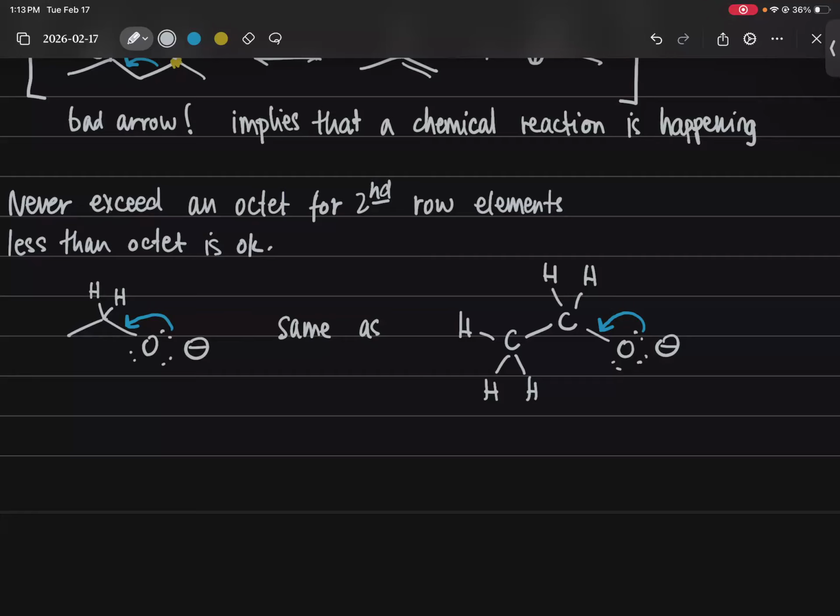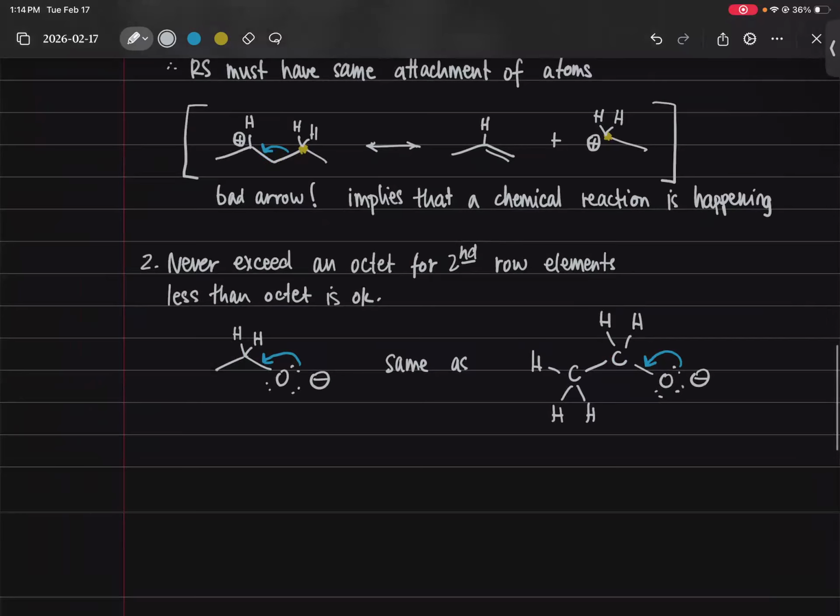So by trying to move more electrons from the oxygen to make a bond between the oxygen and the carbon, that would give the carbon 10 electrons, and we can't do that. That exceeds an octet for a second row element. We're not really going to talk about third row elements, although they can break this rule.